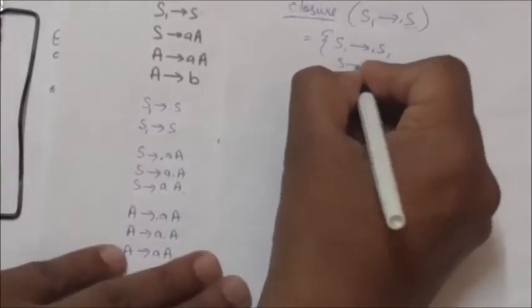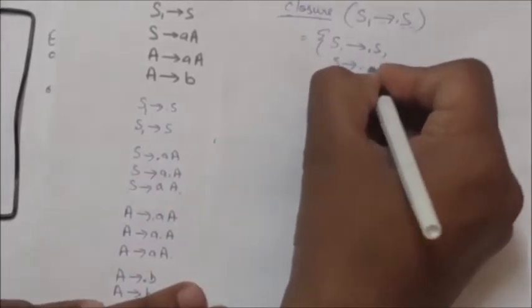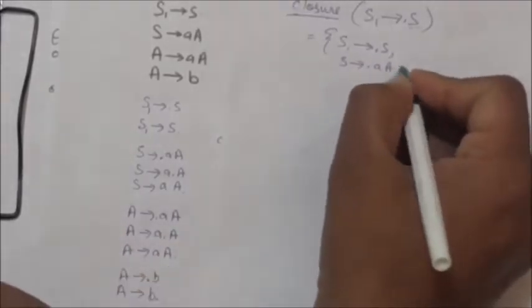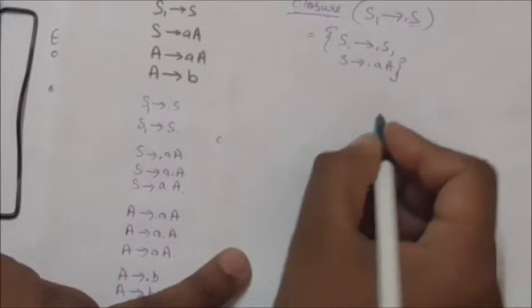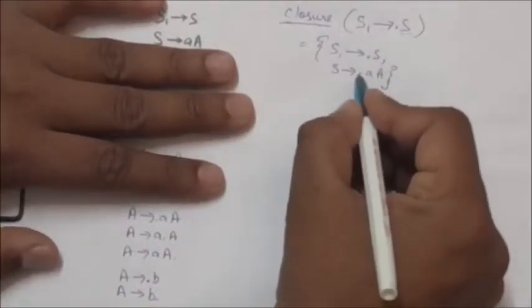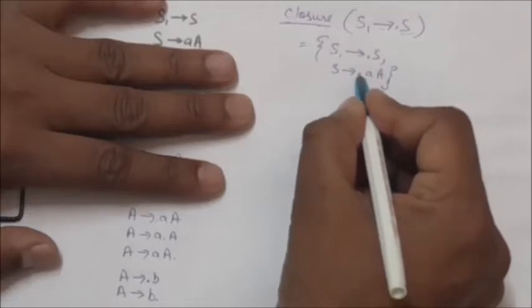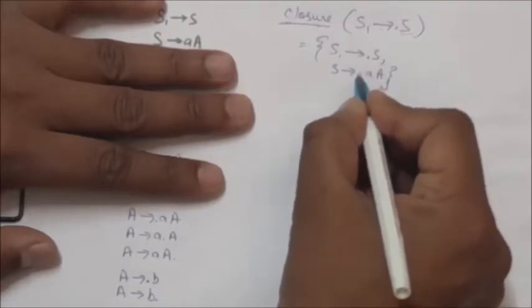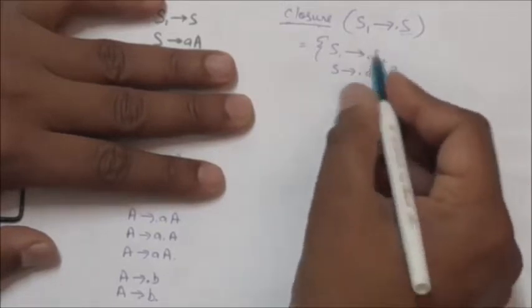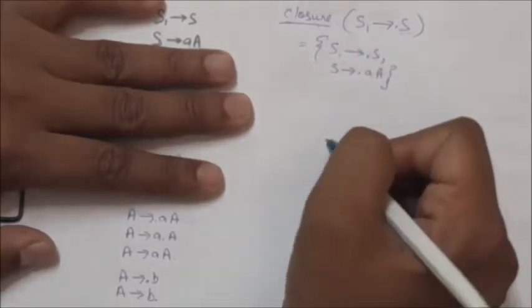One is S1 derives dot A. Now we have added a new item, but in this new item the dot is not before any non-terminal symbol, so no new LR0 items can be added in this closure.